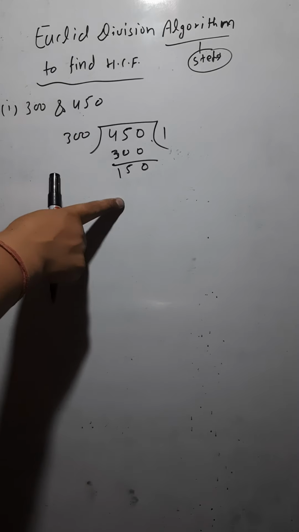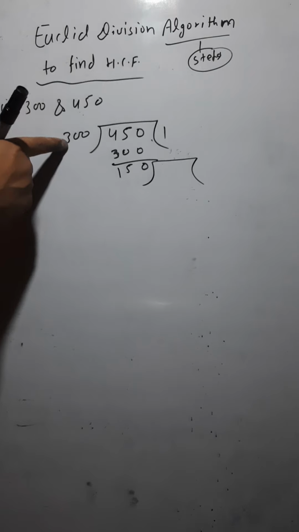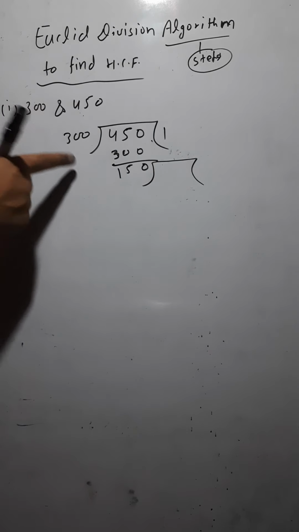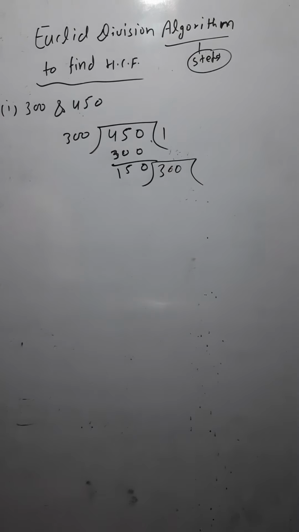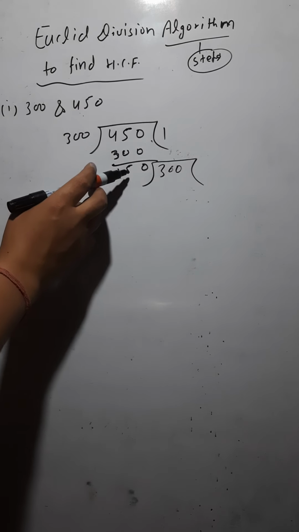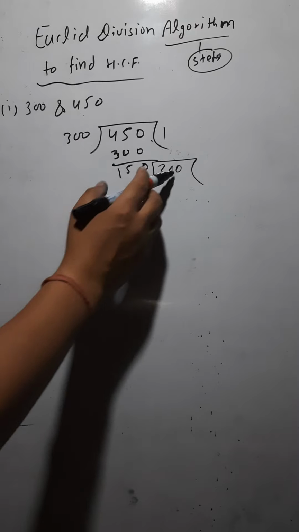What is the previous one? 300. So this 300 you would be writing inside now. If you are getting a remainder, then this remainder would be the divisor now, and the previous divisor would become the dividend here.